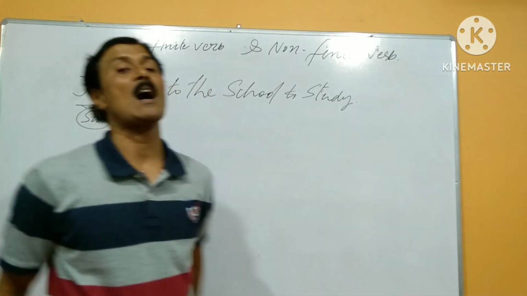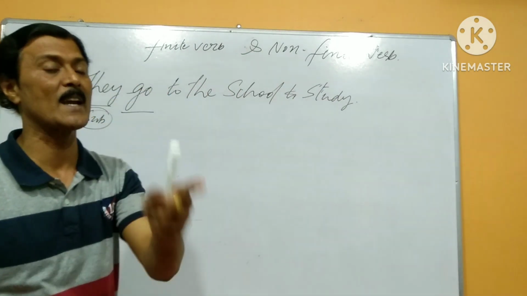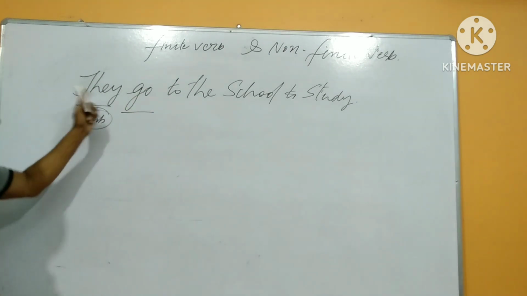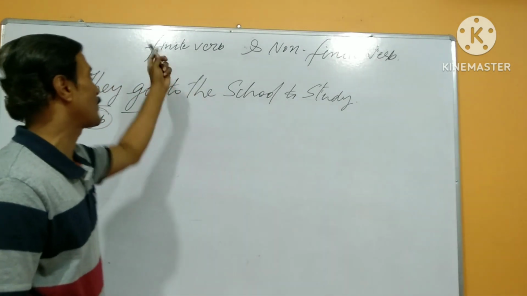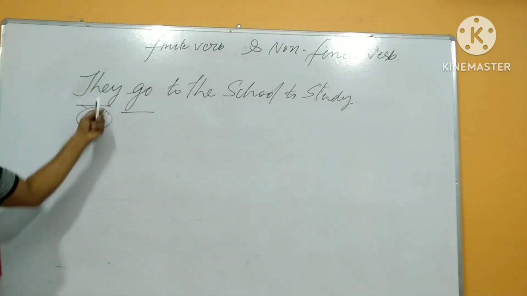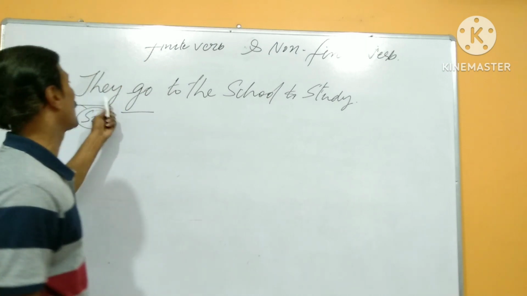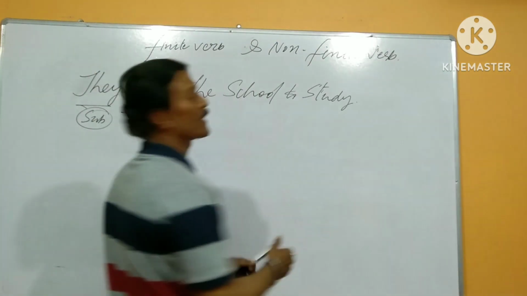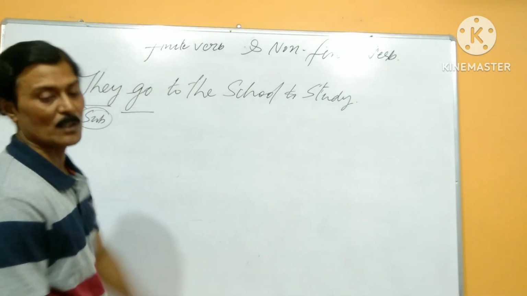If I say I go to school to study, I is a singular subject and go is a singular verb. But the second one, they go to school to study: here is a finite verb, and they is the subject or number, and a plural subject takes a plural verb. In this way, we come to know and gain knowledge about the finite verb.